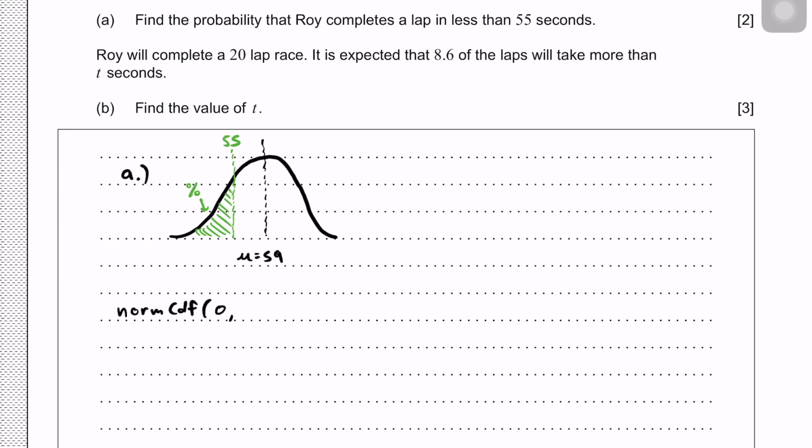So, lower bound, upper bound, mean, standard deviation, and in this case 0.0912, or as a percentage we could say 9.12%. Okay.